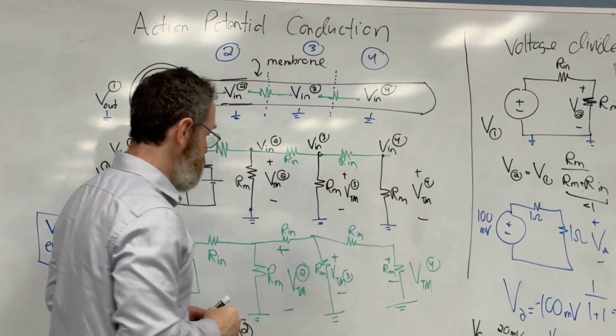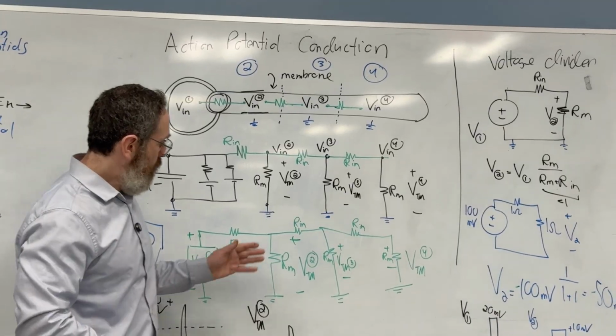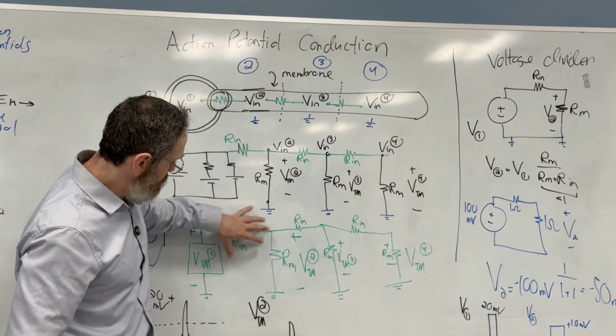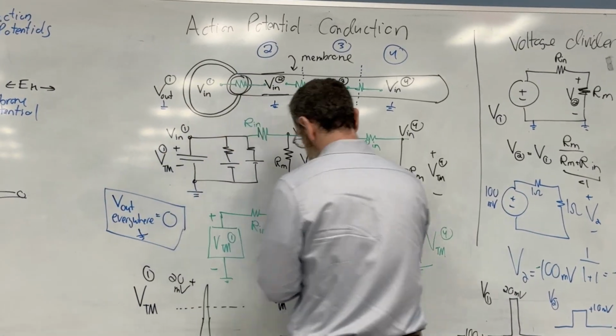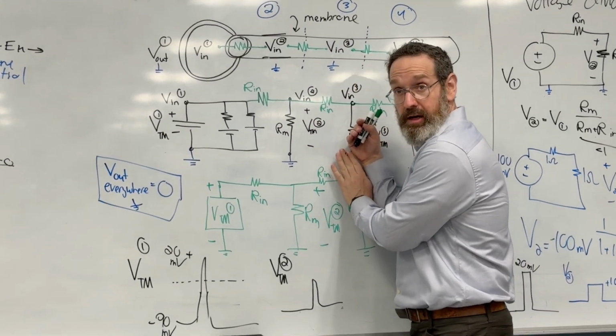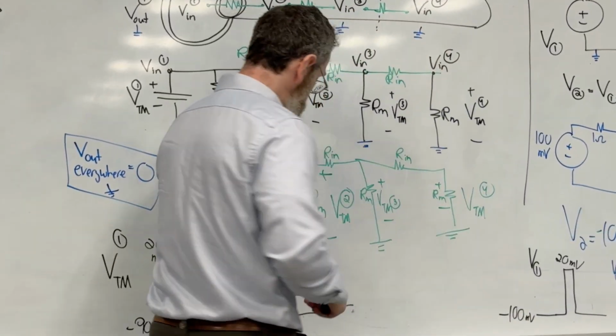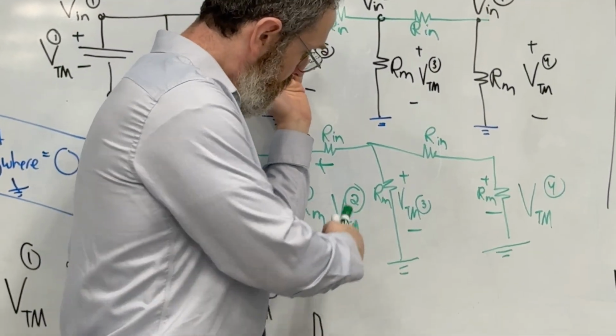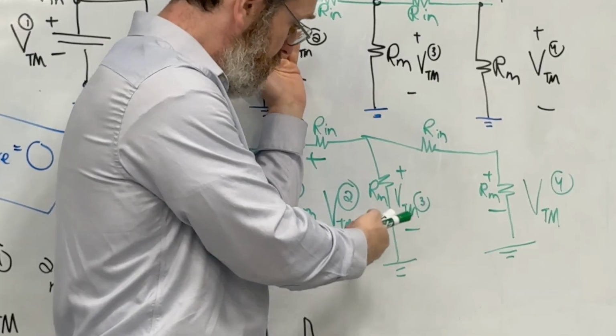All right, this is messier than I wanted it to be. What I'm hoping that you see is that we have a voltage divider up until VTM2, right? And then from VTM2 to VTM3, I have another voltage divider.